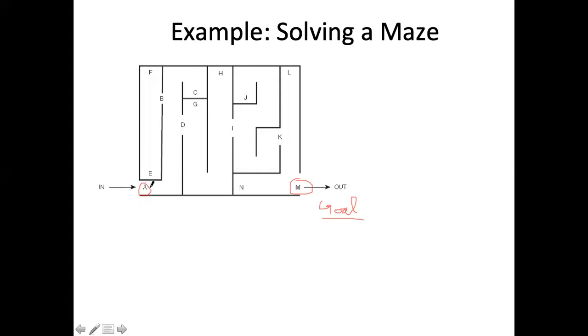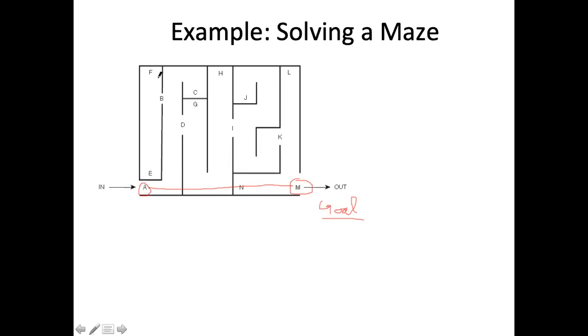So the straight line distance from A to M. Obviously this would be less than the actual distance between A and M. But I can use this straight line distance on a map to estimate how far A is from the goal. So the straight line distance from A to M, or in other terms, the displacement between A and M, could be considered as the heuristic cost.